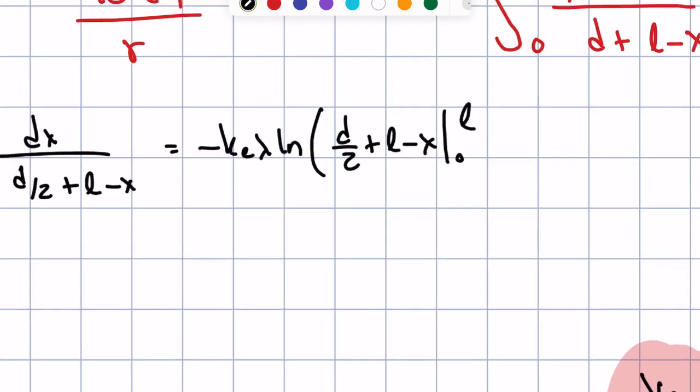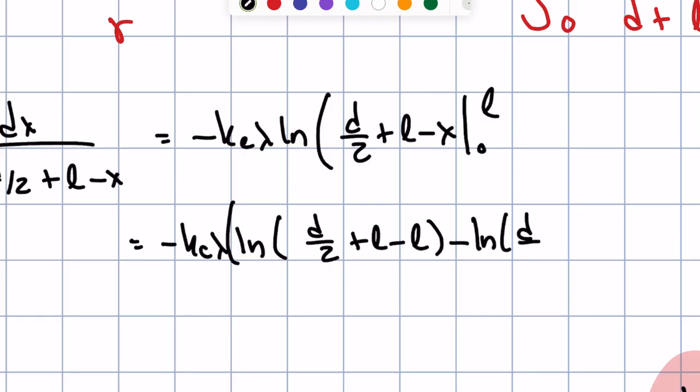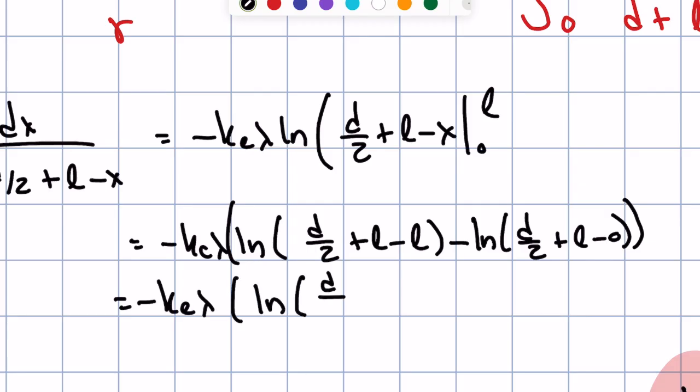Similarly, let's simplify this down. We get negative Ke lambda [ln of d over 2 plus L minus L minus ln of d over 2 plus L minus 0]. That gives us negative Ke lambda [ln of d over 2 minus ln of d over 2 plus L].